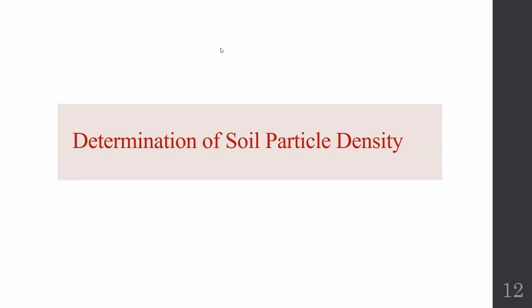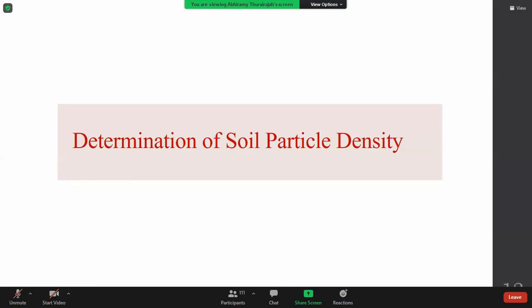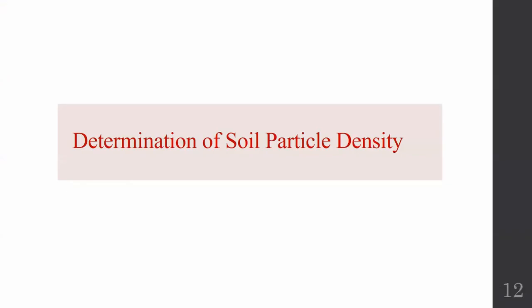Savindya, did you hear me? Yes, ma'am. Savindya, can you tell me what is bulk density? Sorry, ma'am. What is the meaning of bulk density? The oven dry weight of the soil per unit of its bulk volume.